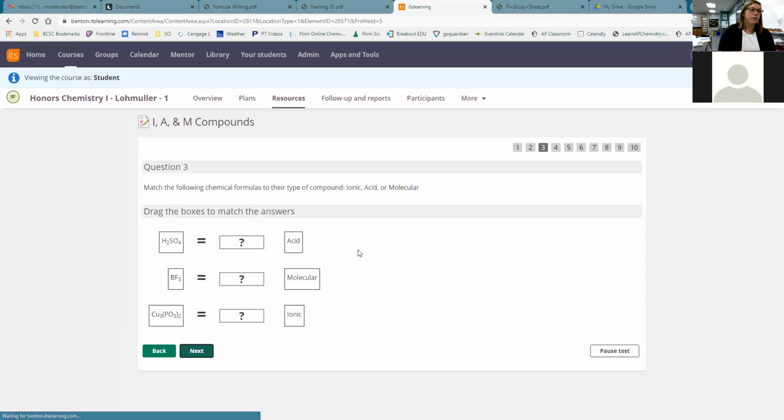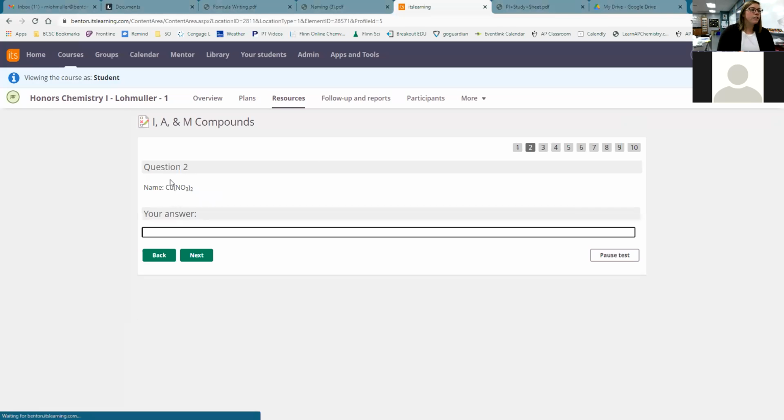Sometimes you have to tell me what the type of compound is, so you would drag it all over. But for this question, when I ask you for the name, it does not ask you to tell me the type of compound. But if you don't know the type of compound, you may not name it correctly. So that's why it's still important to go through those steps to work it out for yourself.